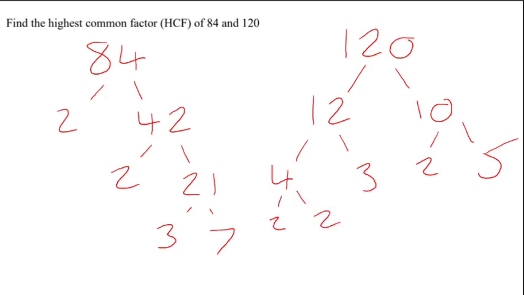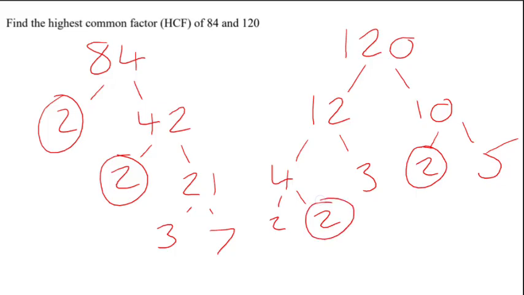So then again, I'm going to collect my like terms. So I have got a 2, a 2, another 2, another 2, and I've got a 3 and also another 3.